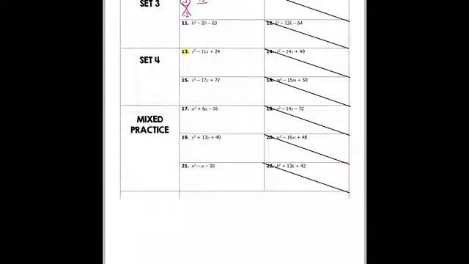And since my sum is negative, that means that the bigger number has to be negative in our multiplication. So negative 3 is 1 times negative 3, and that adds to negative 2. So we have a positive 1 and a negative 3.